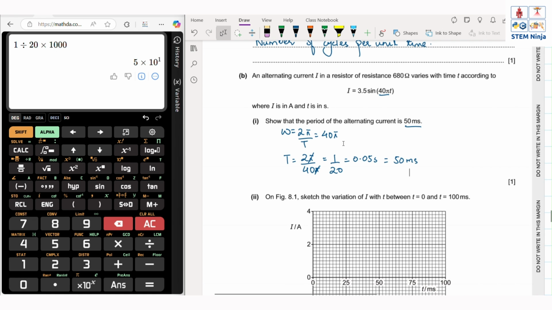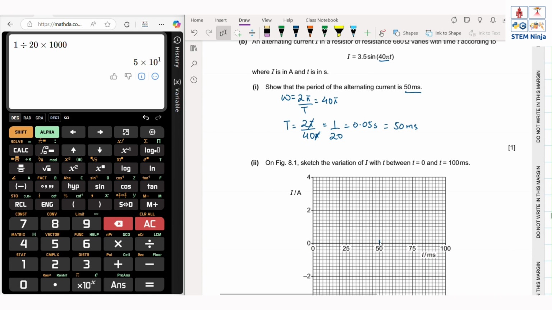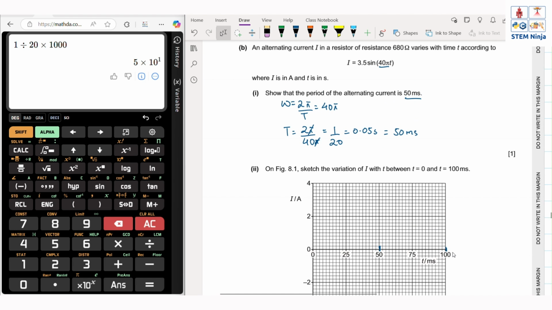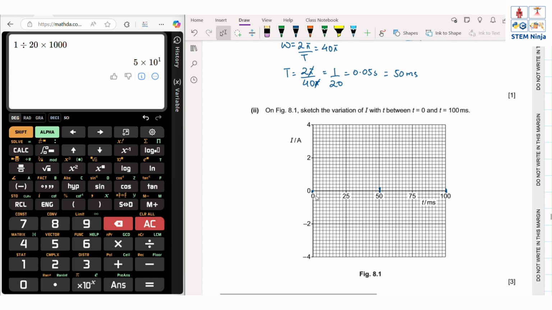Right. On figure 8.1, sketch the variation of I with t between t equals 0 and t equals 100 milliseconds. So that means we will have two waves over here. One wave ends over here, the second wave ends over here. They've already given us this function. This is a sine function, so it starts from 0. It will peak at 3.5, then be 0 over here and minus 3.5 over here.